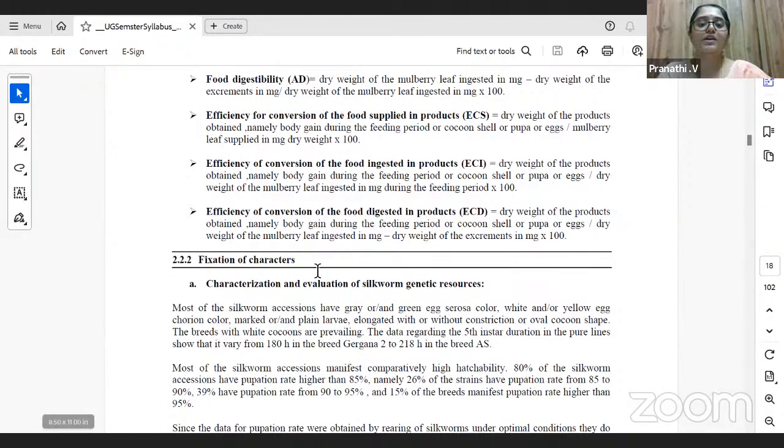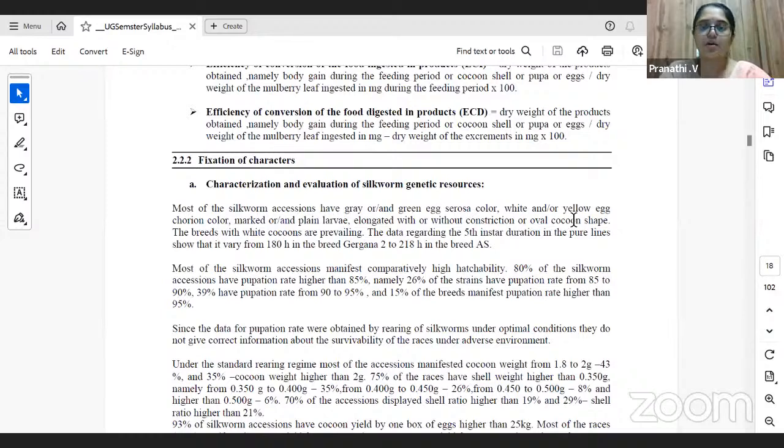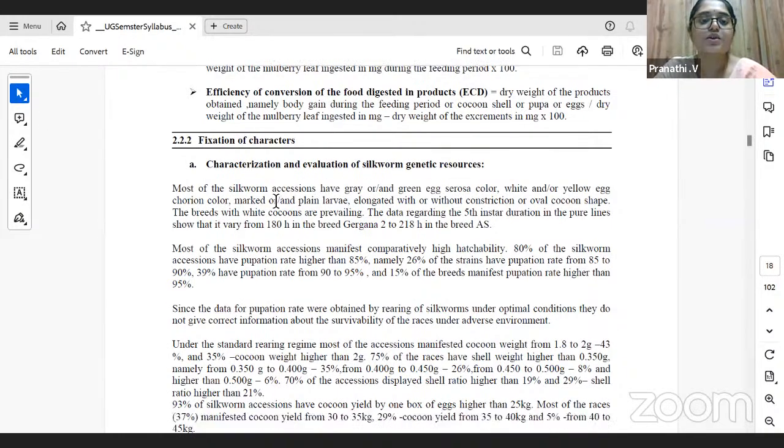Now, how are we going to fix the characters, or what are we going to see? We look at the different kinds of silkworm sources and how we are going to characterize them. Most of these silkworm accessions have a green or grayish egg serosa color, white or yellow chorion color, plain larvae or marked larvae.